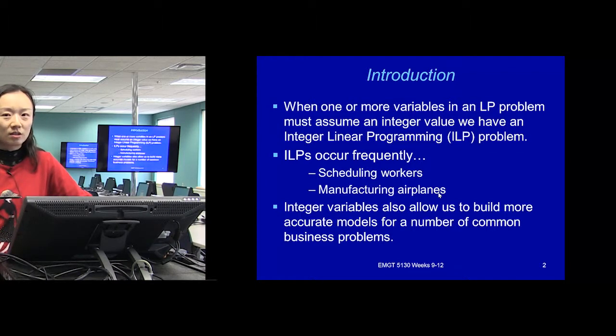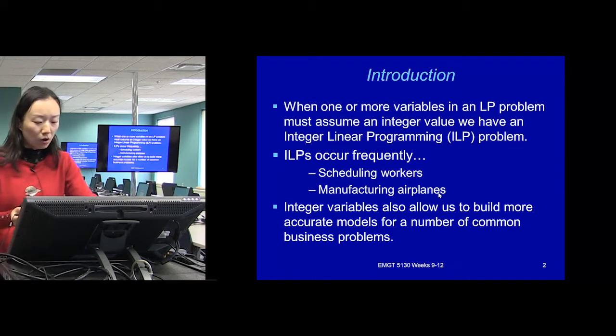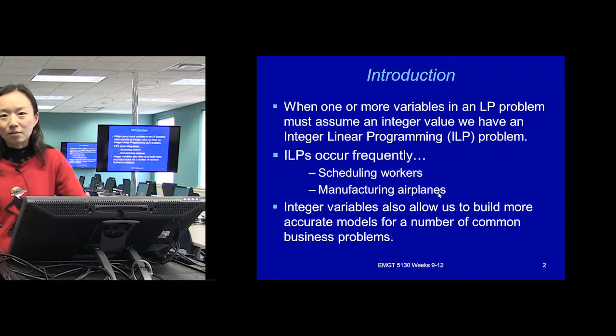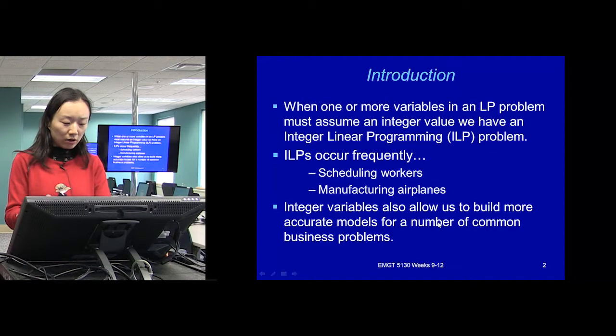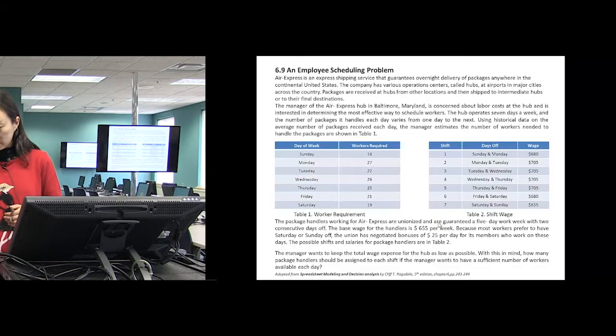But because the way ILP solves is different, we didn't introduce it earlier. From now on, any problem where it makes sense to add the integer constraint, you are expected to add it. Integer variables also allow us to build more accurate models for a number of common business problems.